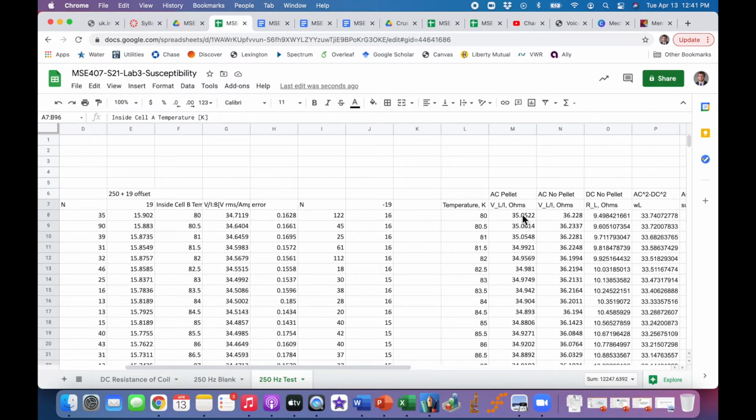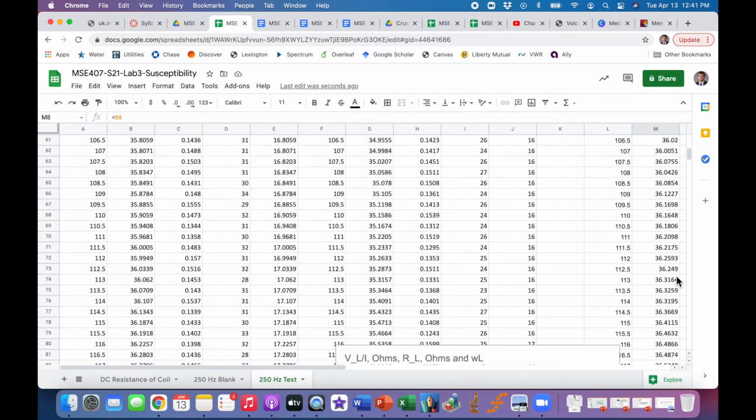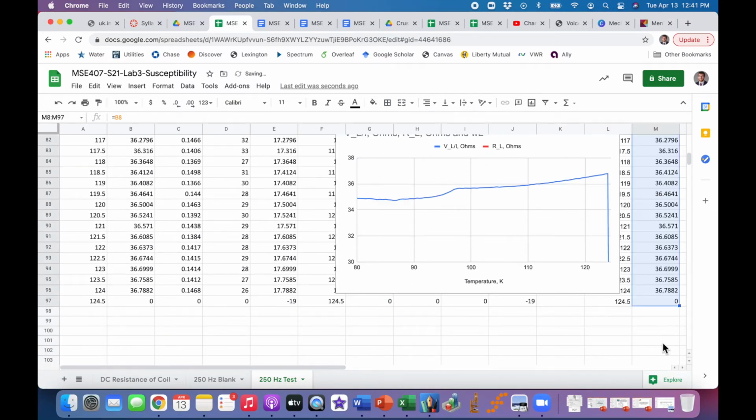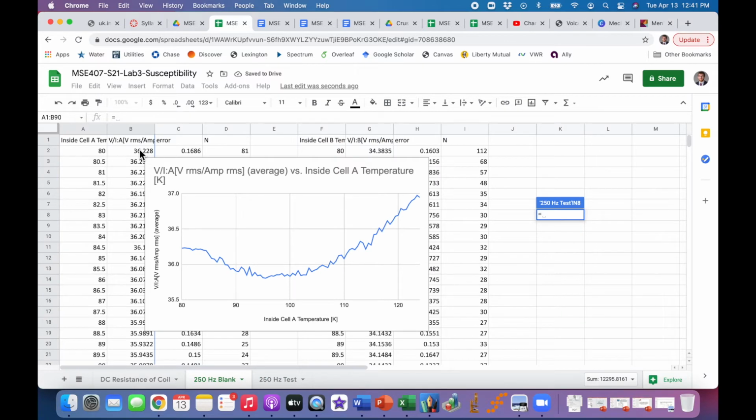So I'm going to just do it over here. And extend this all the way down. And then we have our blank run, so AC with no pellet. And I'm going to use this data.